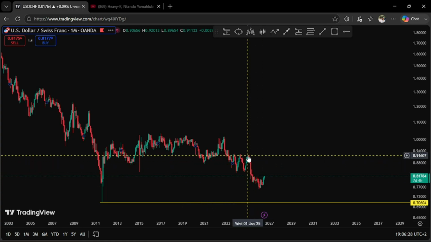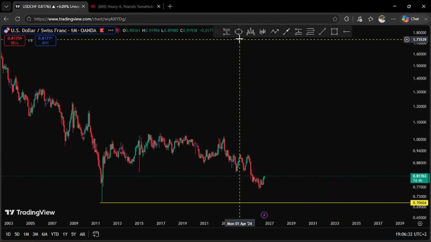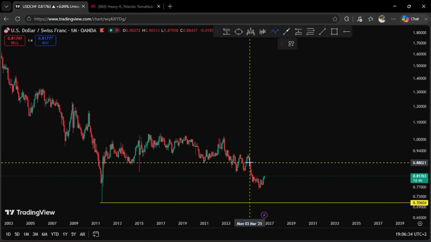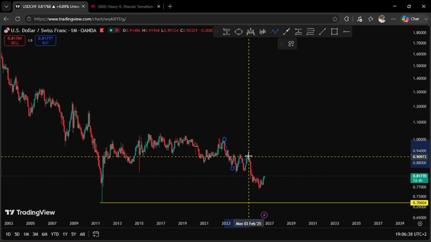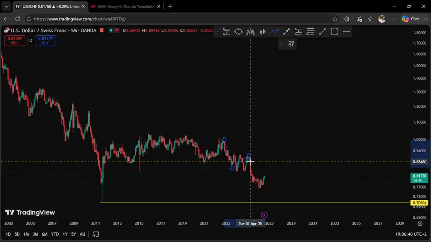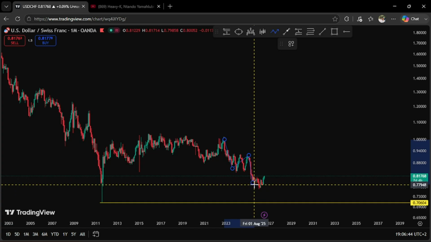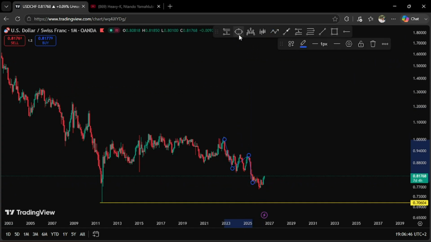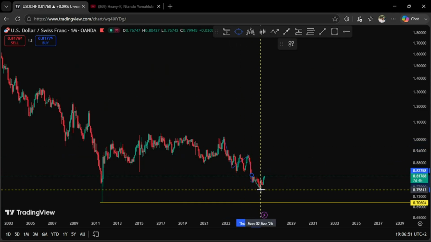I'll show you right now what I mean by impulse and correction. You see this here, this counts as an impulsive move, and then we had our corrective move, and then we had another impulsive move. But look at this part now. It's important to keep an eye on this area here.